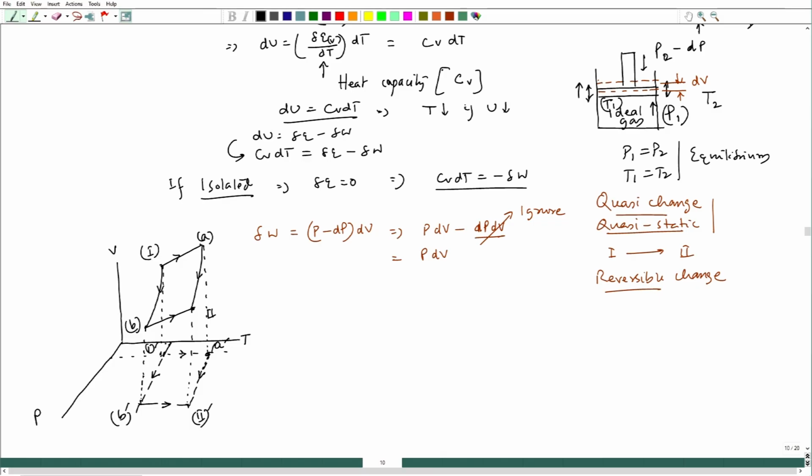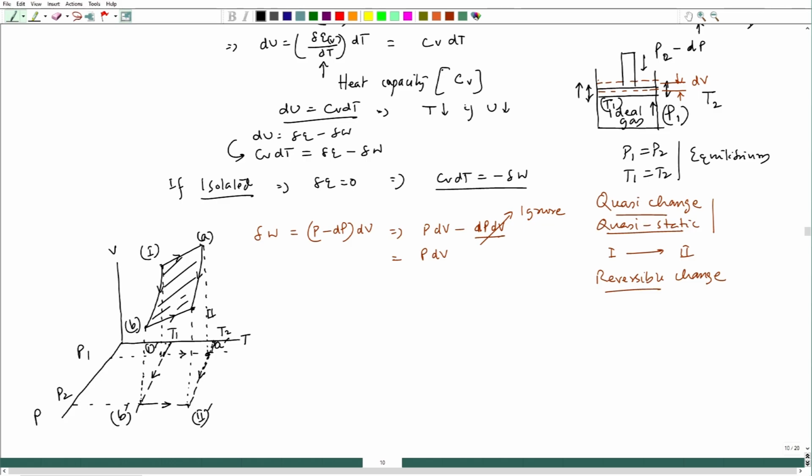Okay. Now, this is P1, P2, this is T1, this is T2. If you see, this plane is actually the equilibrium plane if we have those changes in infinitesimal amounts.